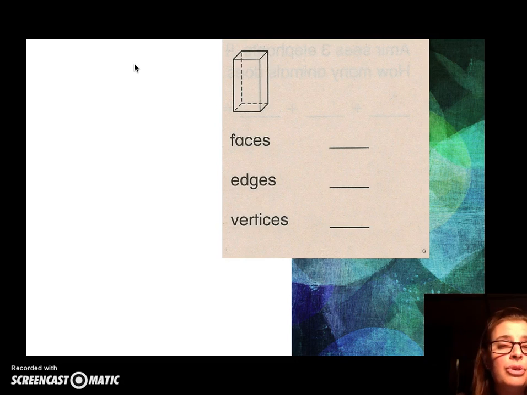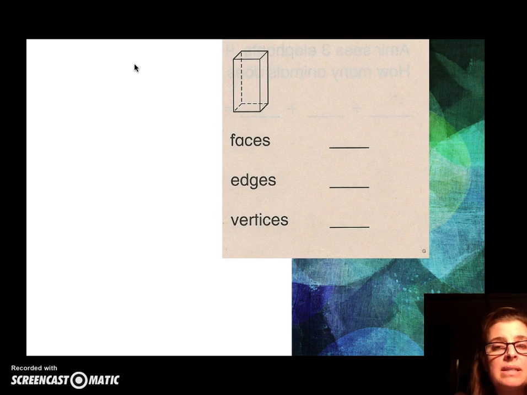And those of you who knew, I hope you were able to communicate your ideas. So let's start with faces. Faces are the flat part of the prism. They're also shapes that you're used to dealing with. So the faces for this rectangular prism are made up of rectangles and squares.